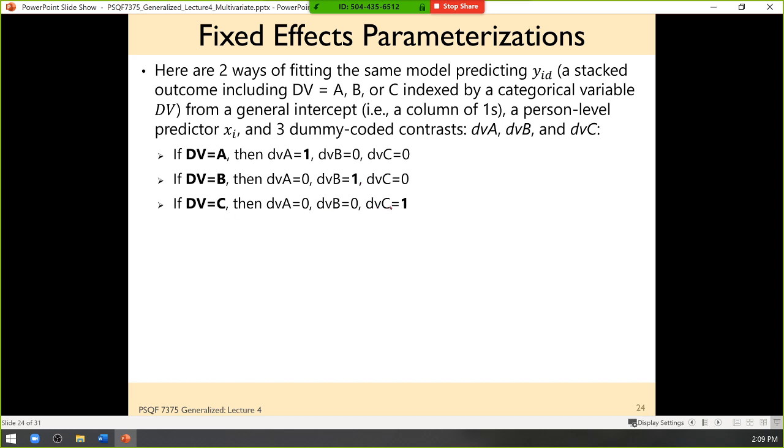If it is for C, the index for C is turned on. So this is a dummy-coded version of this index variable. It seems like it might be redundant, but it's not. They're going to act as filters that allow you to specify predictors for each outcome separately. Have you guys seen anything like this before in other models or other classes where you have more than one intercept in a model?